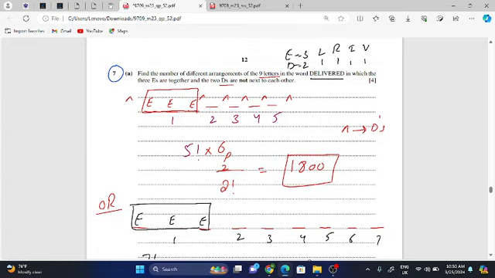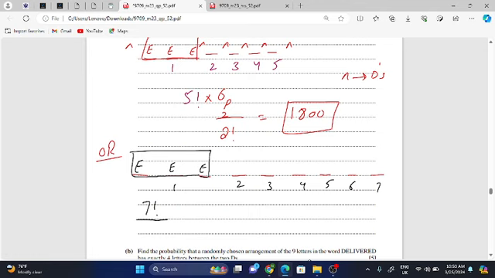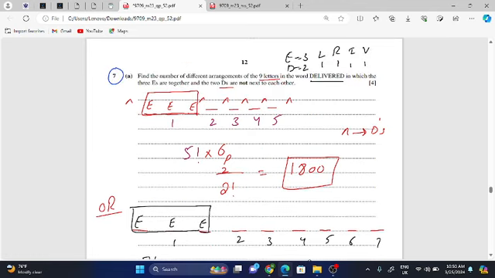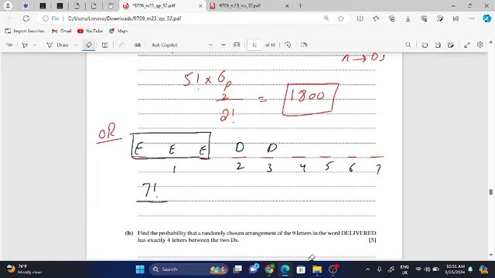I make a group around E, that is 3, and that is treated as a single unit. And D could be anywhere, maybe there and there. So I'm not placing any restriction for D. So that will be treated as the combination without any restriction.